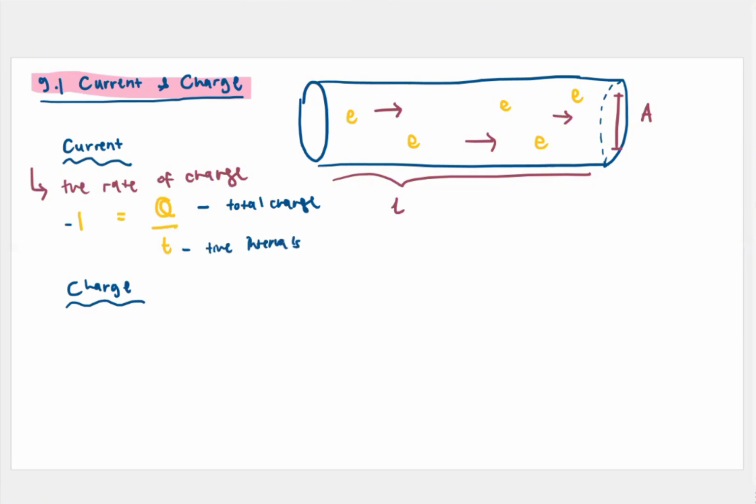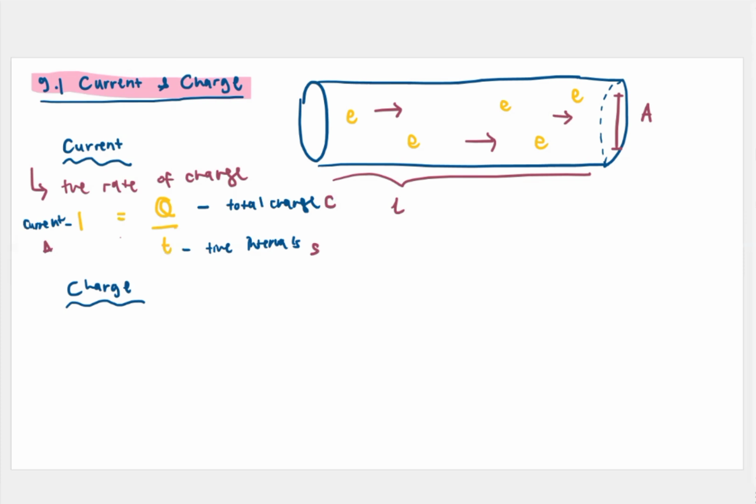Alright, that's clear enough. Let's take down the units. Current being amperes, A, and then time being seconds, and total charge being coulombs. Now, from this equation alone, we can define what charge is. You could go ahead and write it down.